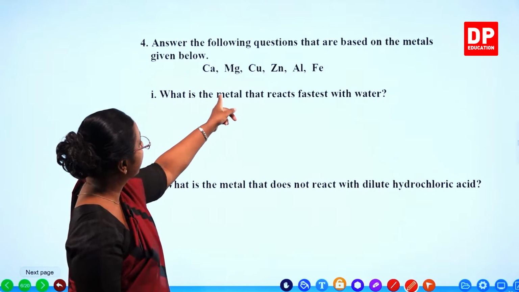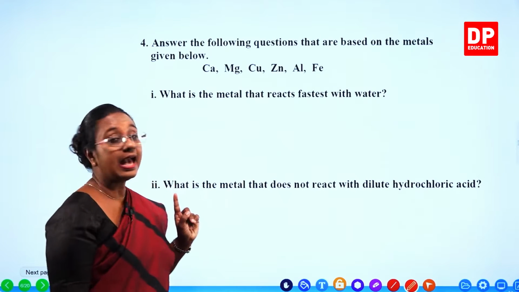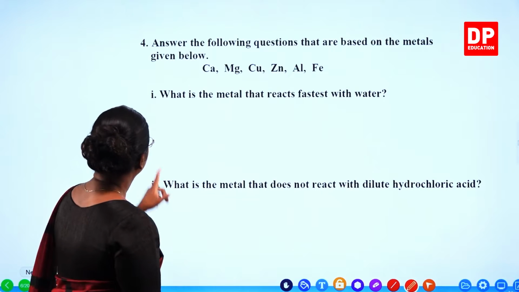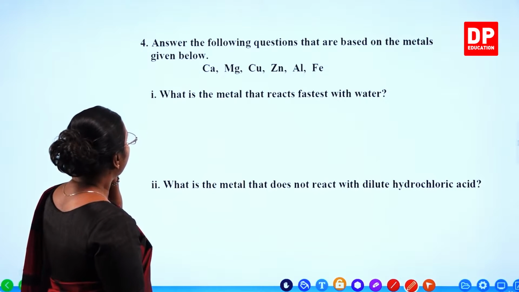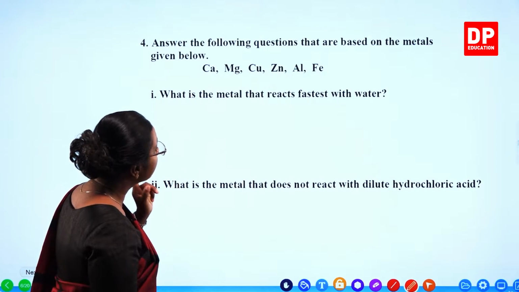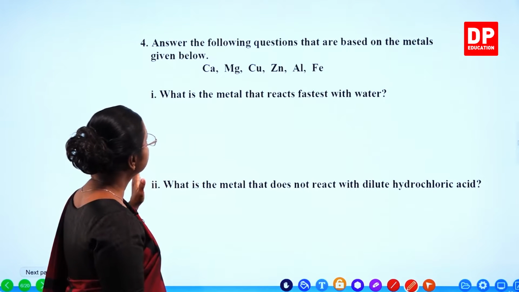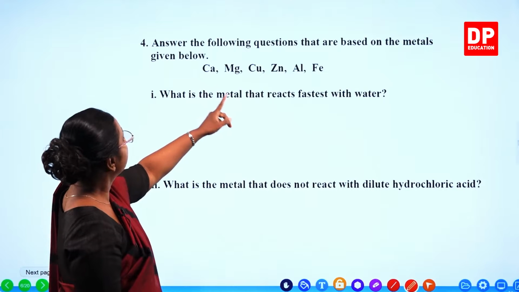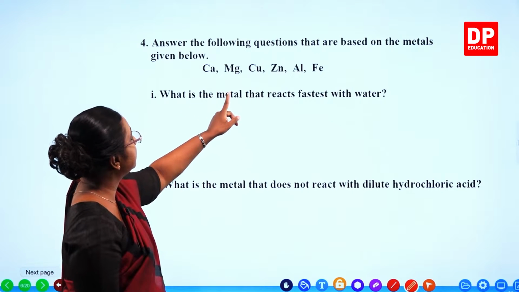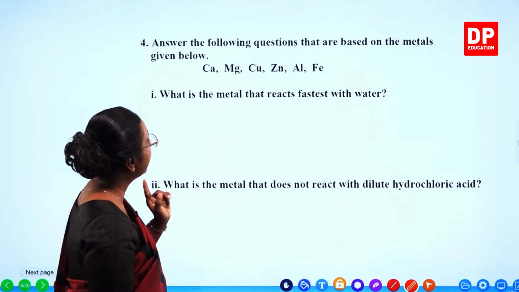The first question: what is the metal that reacts fastest with water?